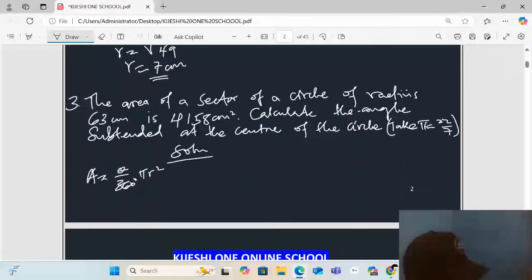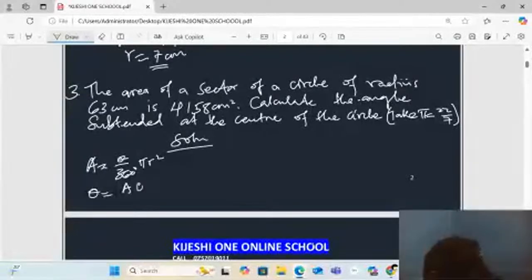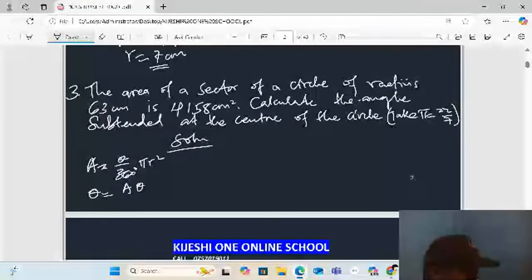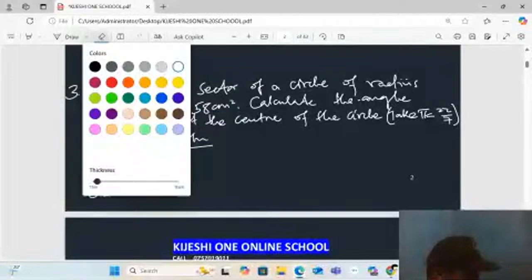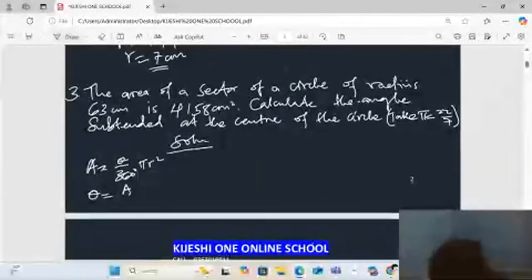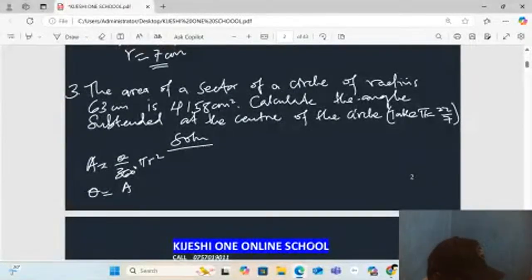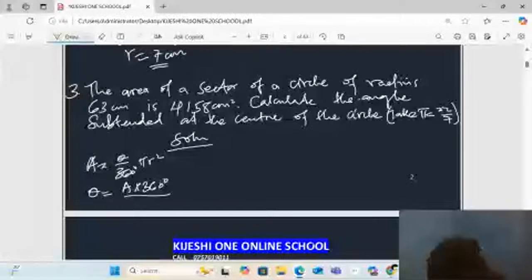To get theta, we take the reciprocal of pi r squared over 360. Therefore, we shall have a times 360 divided by pi r squared.